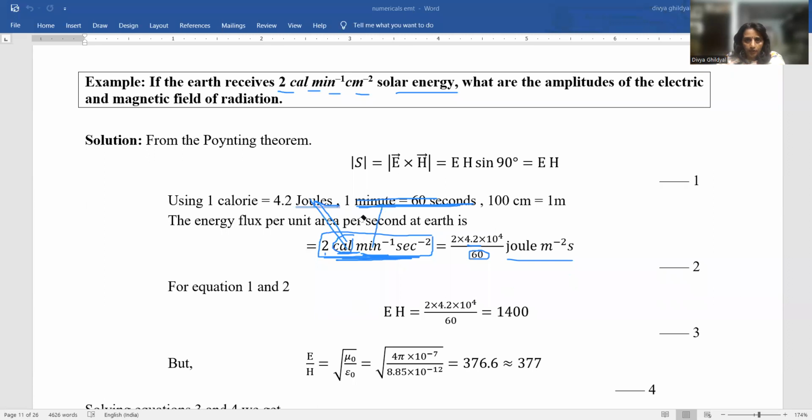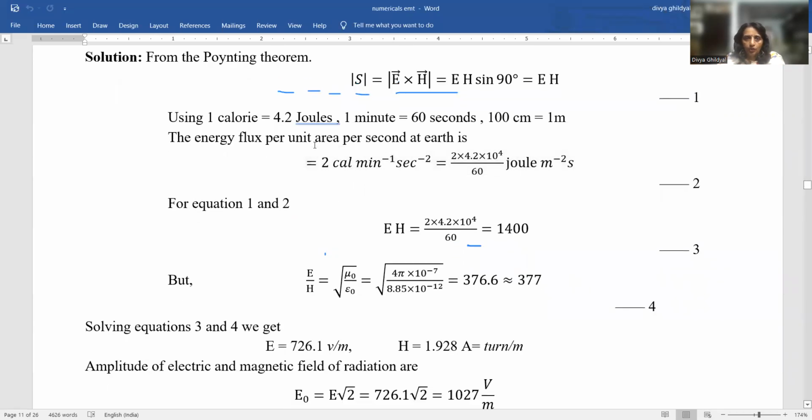This is a very important step and the only trick that is involved in this numerical, and it has been asked many times in your exam. Only trick is that you have to convert calorie into joules, minute into second. That is all. Now you have this expression, S is equal to EH is equal to 1400 and E upon H is equal to approximately 377.